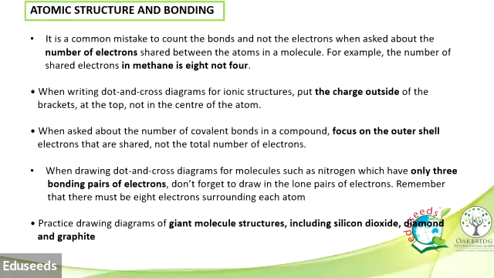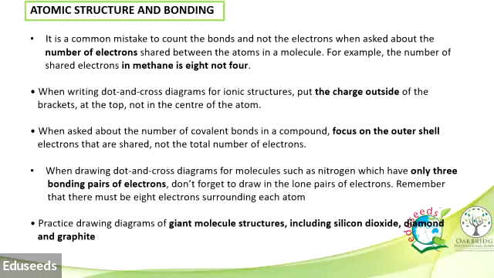So normally for covalent compounds, we forget that there are also lone pairs of electrons, which you need to draw on the shell.